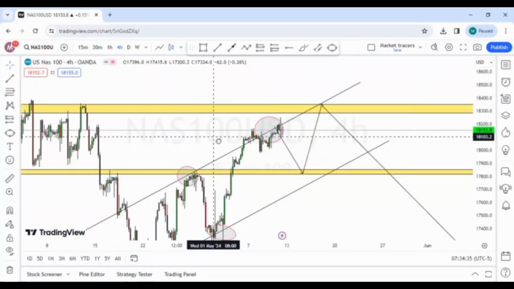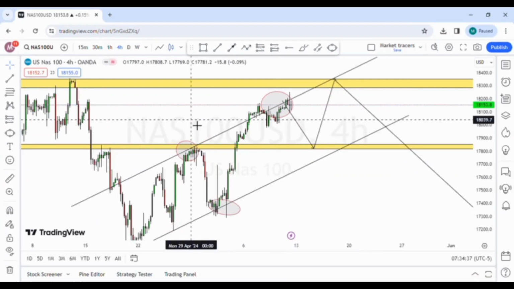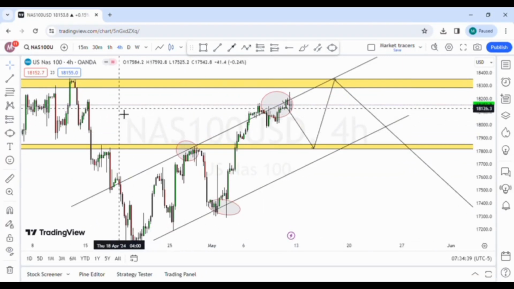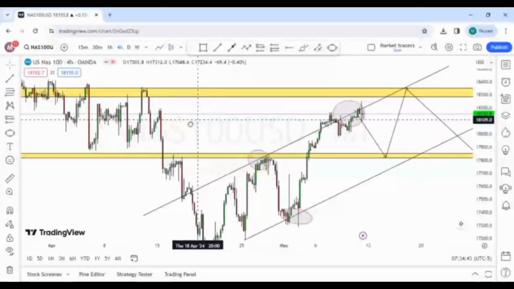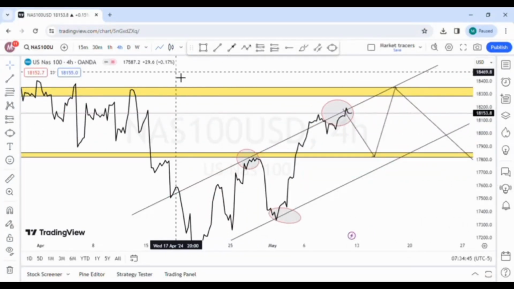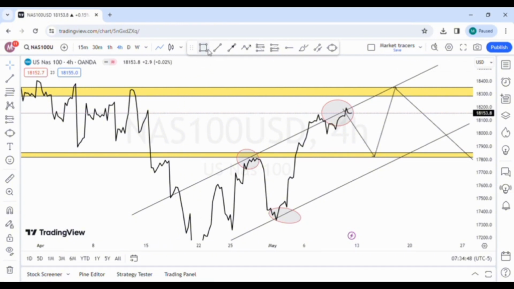From our H4 time frame, whenever you are analyzing, guys, try to also refer to what happened previously, because the market always follows what it did previously. Lastly, the market made a rejection to the downside right around here.